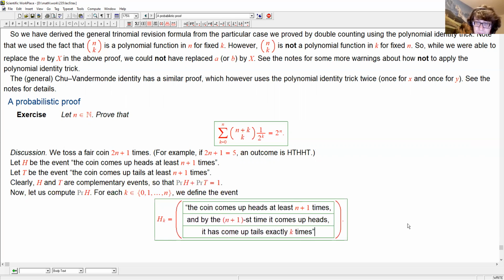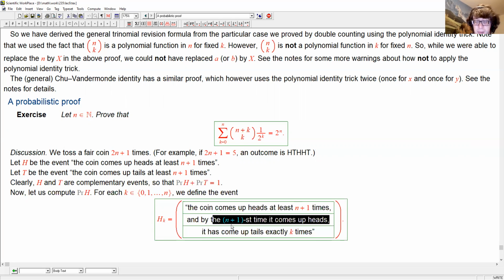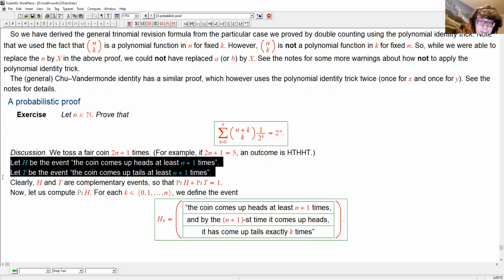So this is a bit of a mouthful. Basically, if the coin comes up heads at least n plus 1 times, there is a certain time at which this becomes clear, namely the n plus first time when it comes up heads. From that time on, it doesn't matter what else. You can basically stop tossing the coin. You've already decided whether you have h or t.